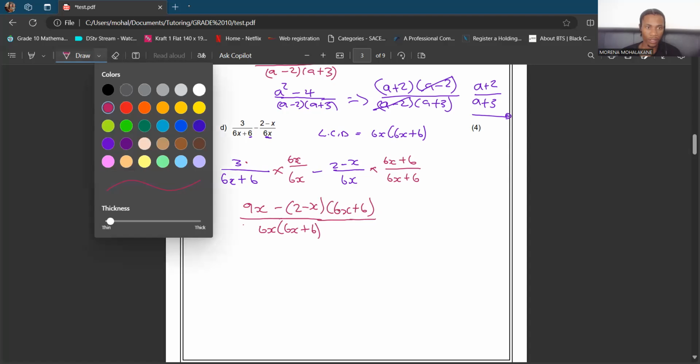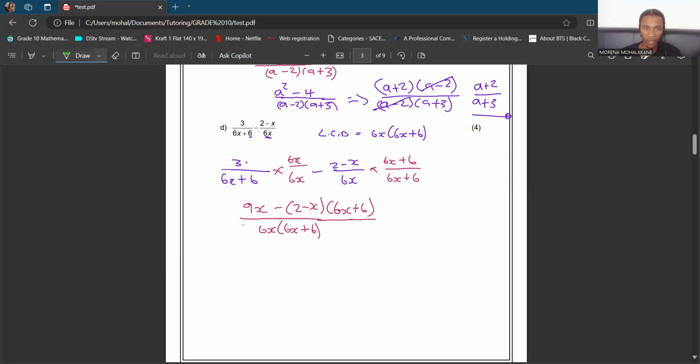This negative is very important because, as you can see here, it does not only affect the 2, it affects the whole numerator. That is why it's in bracket, so it can affect everything there. When I continue, I have 9x minus.